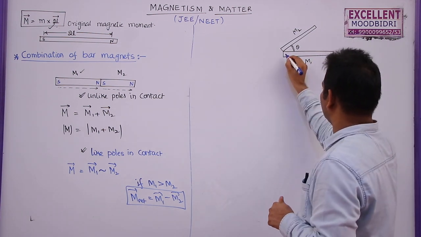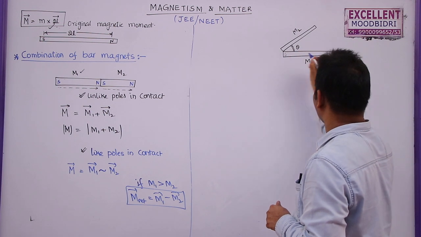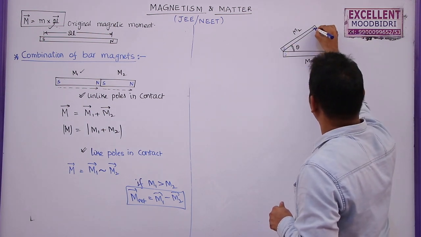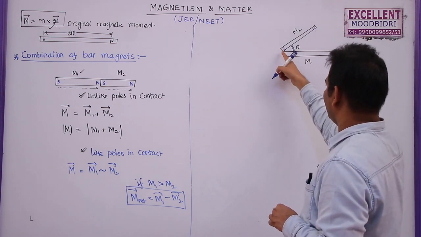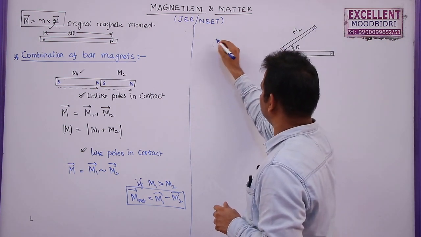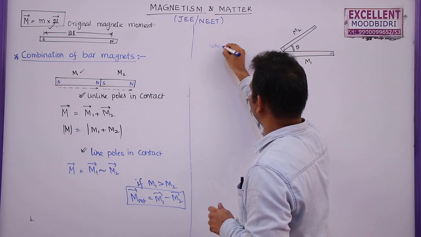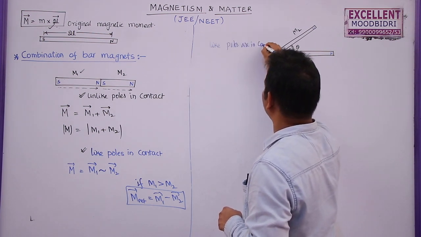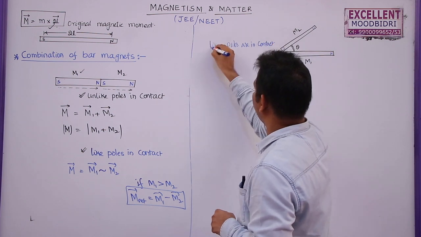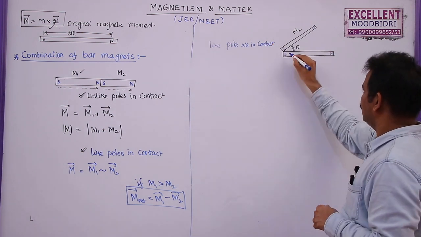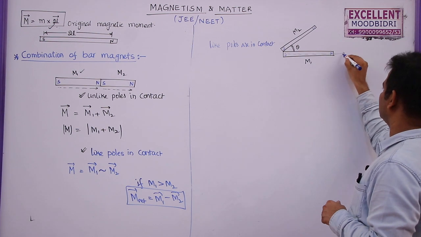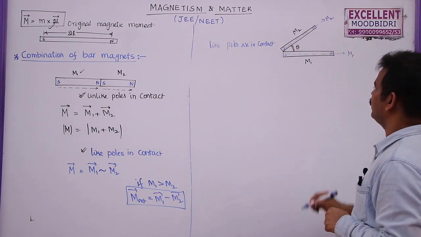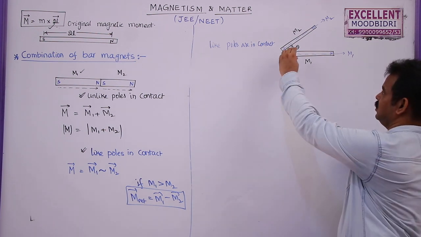Let us say this is south pole, this is north pole. Here like poles are in contact with each other. When the like poles are in contact, we can write M1 is acting from south to north pole like this, and M2 is acting along this path like this. Angle between these two is theta.